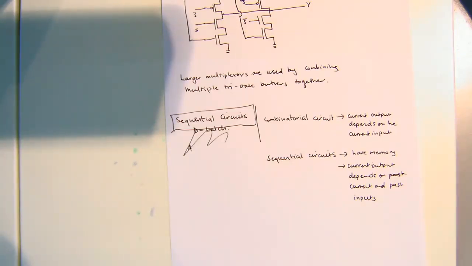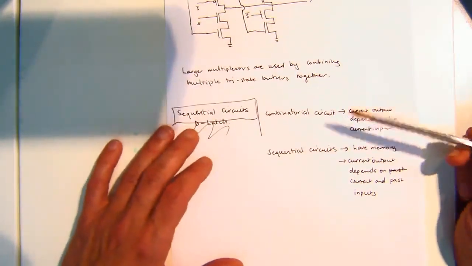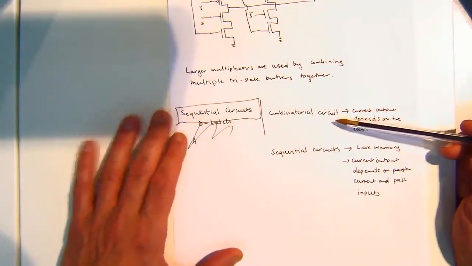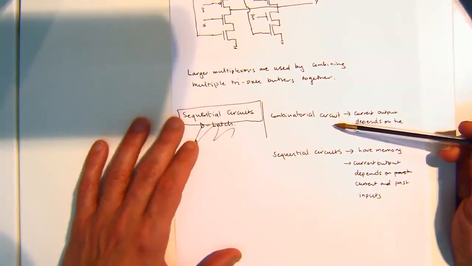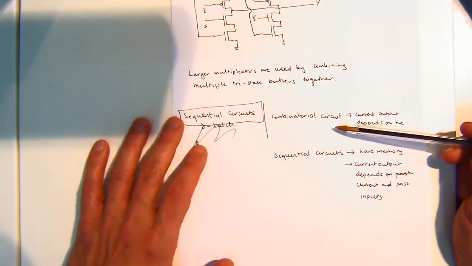What else? Sorry? The circuit, yeah. Essentially, the other main reason, rather than having state, and the reason why we're introducing this, is that in combinatorial circuits, unless they're very small, it's really hard to control the propagation delay.